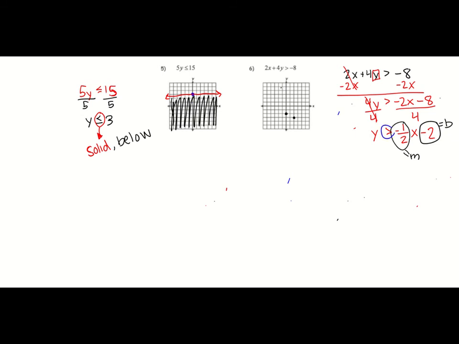Now I can look at my sign to see what kind of line I'm going to draw. So if I have no dashed line underneath there, it is going to be dotted. And if it is greater, that means it is going to be above. So I can shade everything that is above my line.